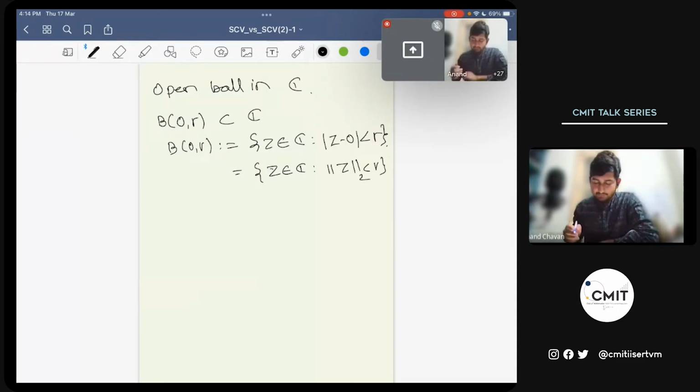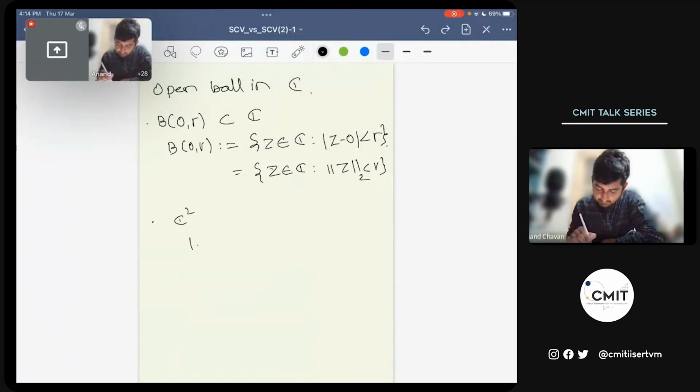But if we increase one dimension more in complex space, so consider C2, the norm in C2, the two sets.